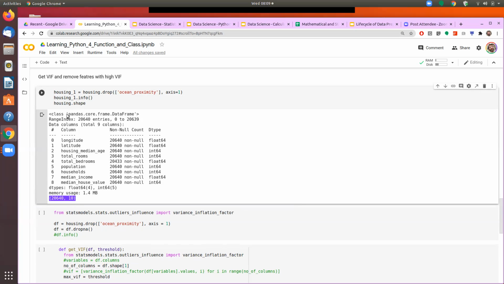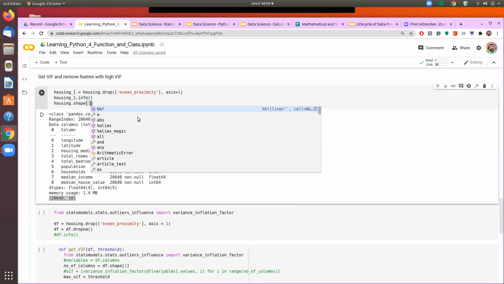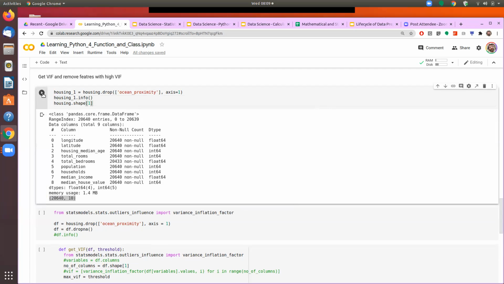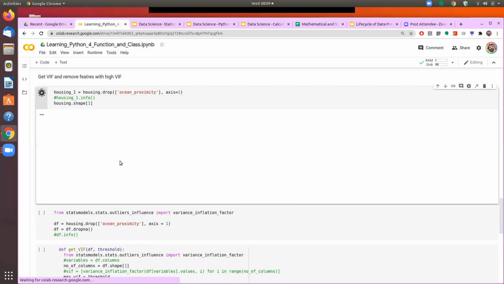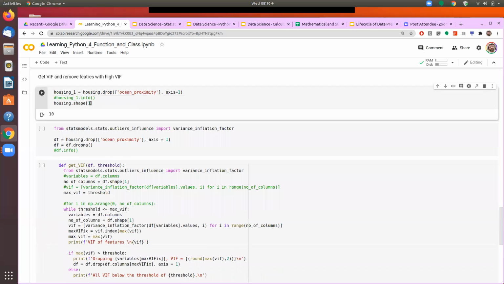So if I say housing.shape 1, it should give me the number of columns. These are very basic pieces of information that I am confident you are able to derive by yourself. If I say housing shape 1, it gives me the number of columns that we have, and if you say housing shape 0, it will just give me the number of rows. And if I don't give an index, then it will give me both.